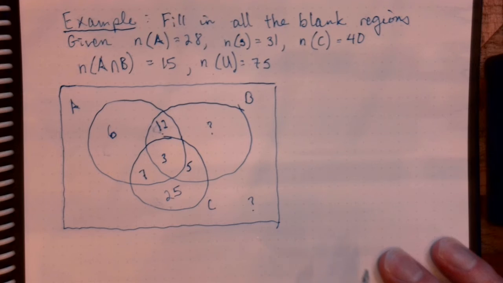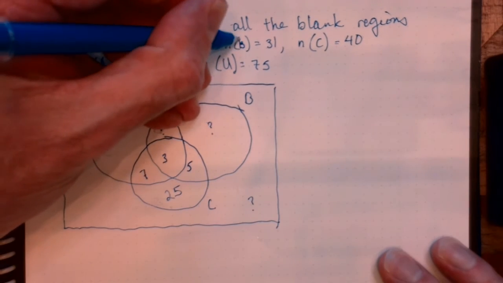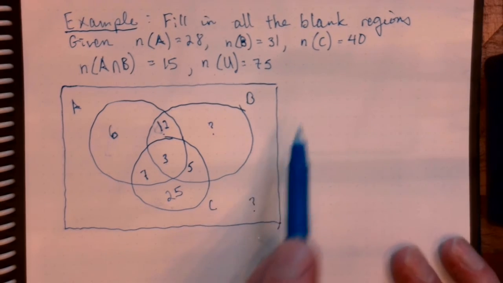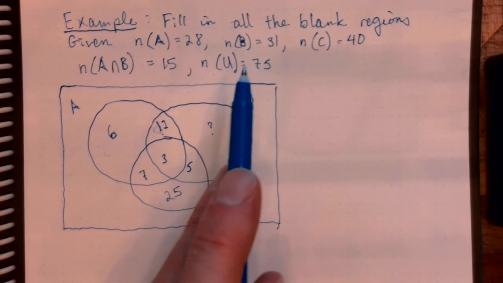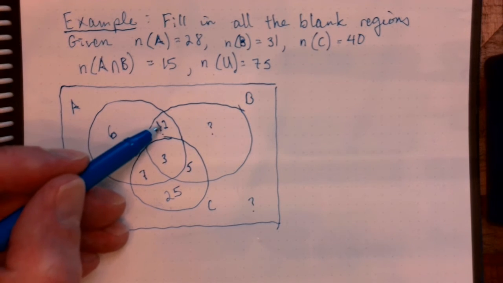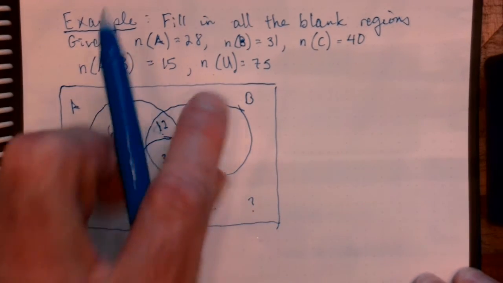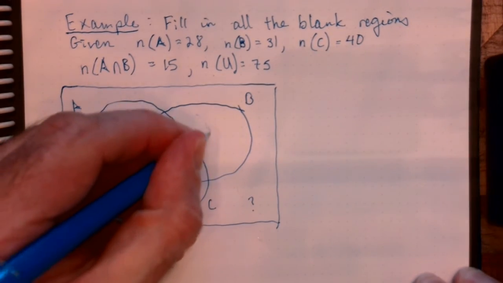Now let's look at the set B. That's a B right there if you couldn't tell. The total in the set B is supposed to work out to be 31. What do I have so far? 12, 15, 20. I've got to get to 31. So this must be 11.